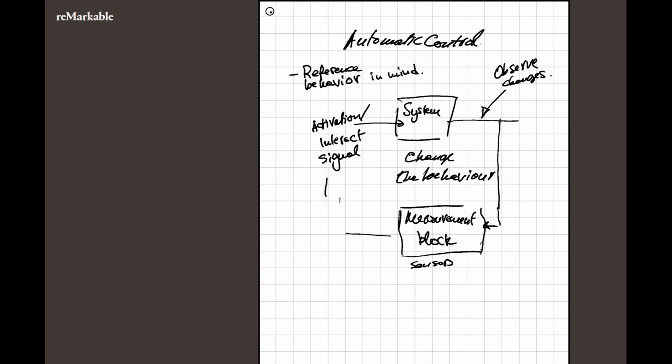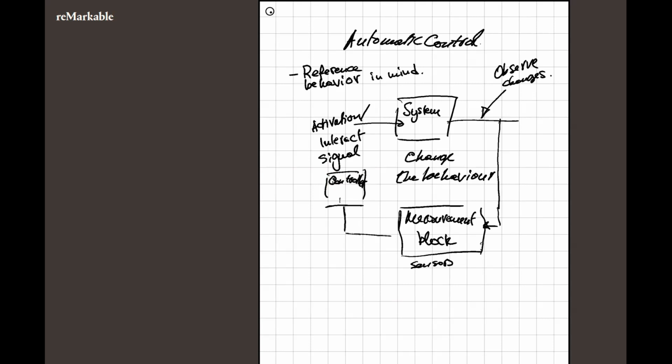That would be a block which in the context of AI is normally referred to as an actuator, but in classical control terms this block is referred to as the controller.